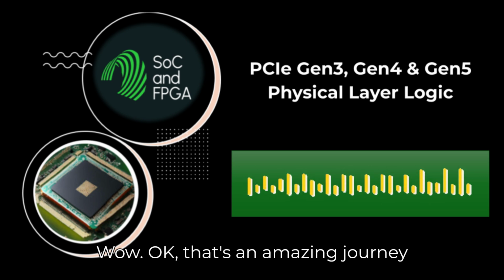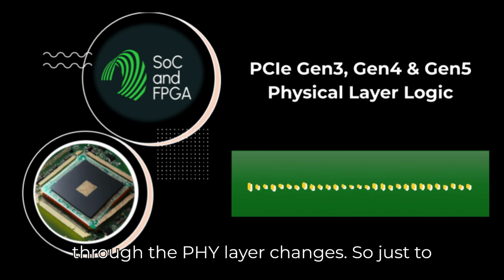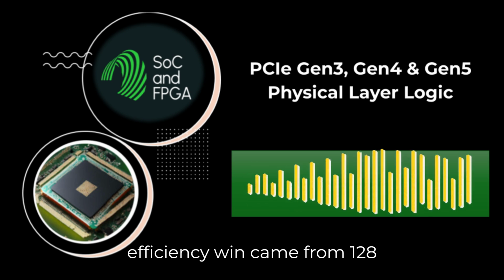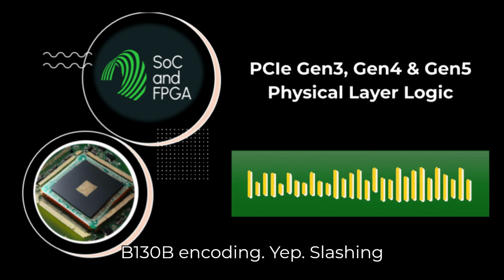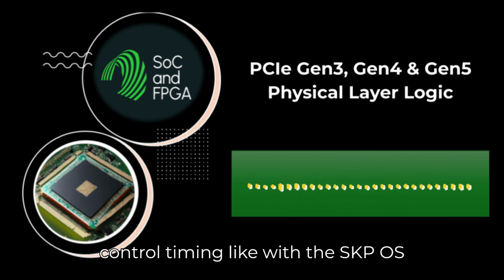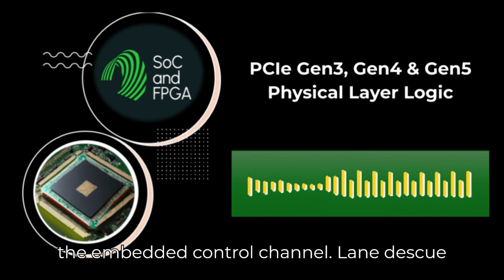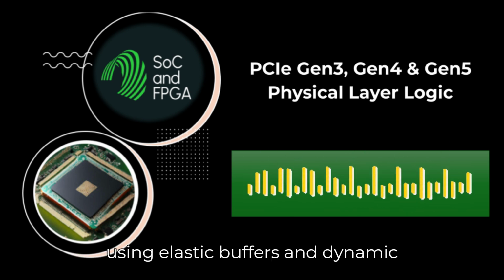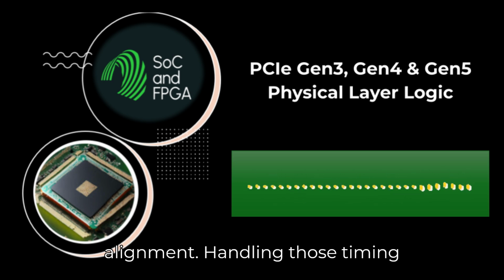Wow. Okay, that's an amazing journey through the PHY layer changes. So just to quickly pull it together, the big efficiency win came from 128B/130B encoding. Yep. Slashing overhead. Ordered sets became crucial for control, timing, like with the SKP-OS. The embedded control channel. Lane skew became essential for multi-lane links using elastic buffers and dynamic alignment. Handling those timing differences.